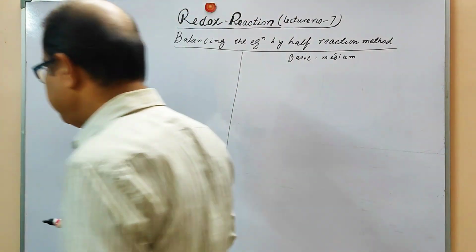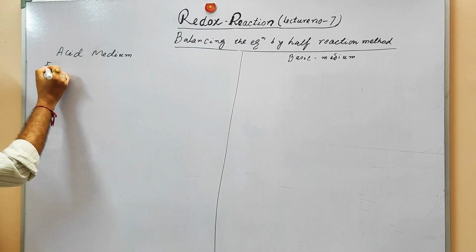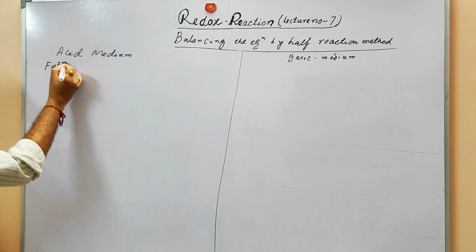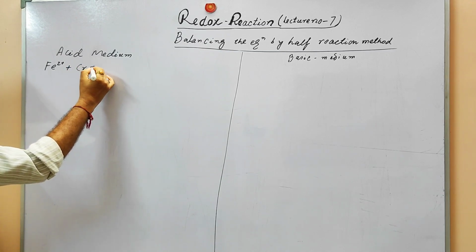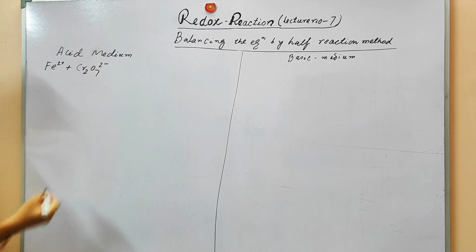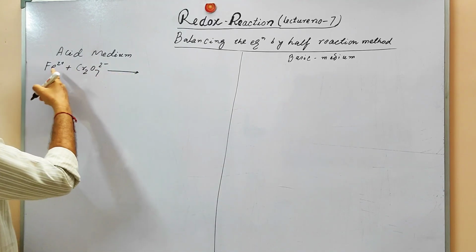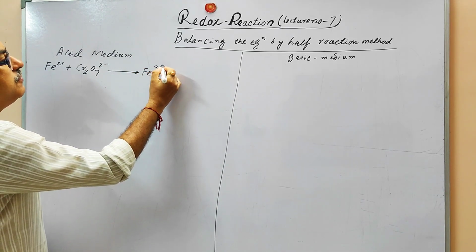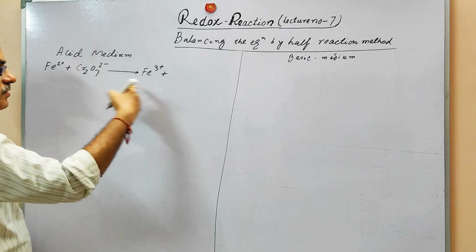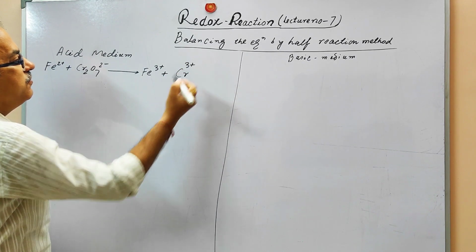Let us take an example of one reaction. In this reaction, Fe2+ is oxidized by Cr2O7 2-, the dichromate ion, and this ion will oxidize Fe2+ to Fe3+ and it will reduce itself to the chromium ion.